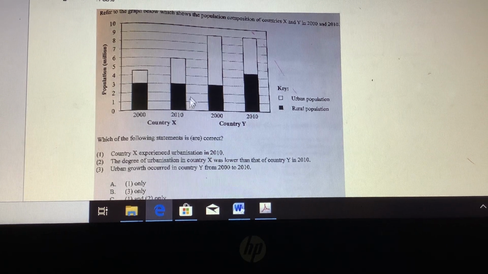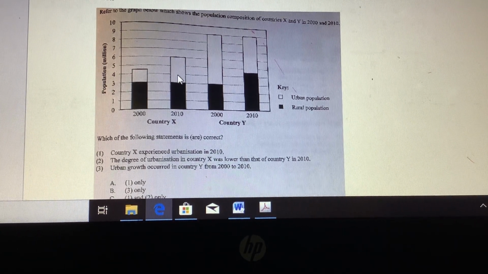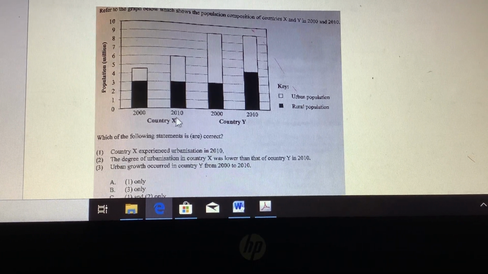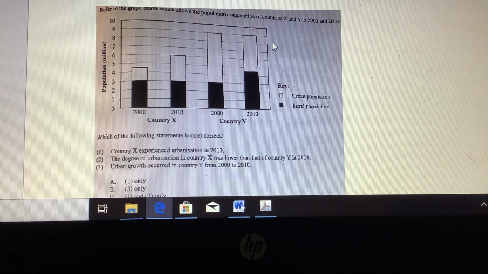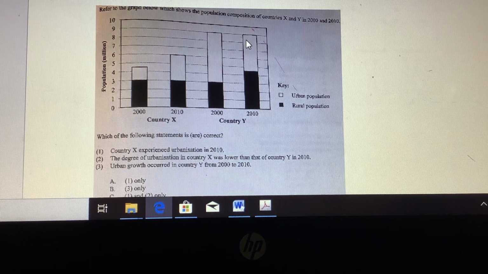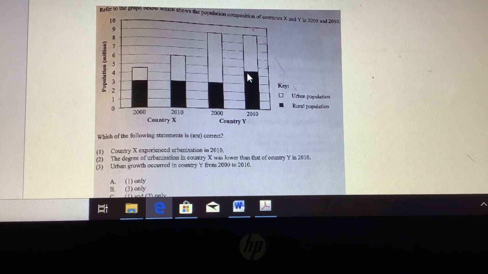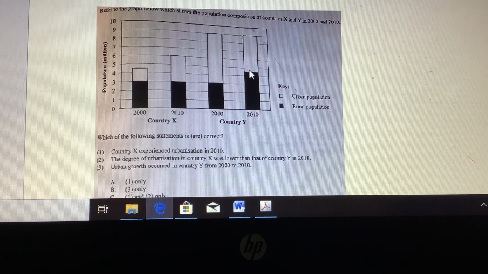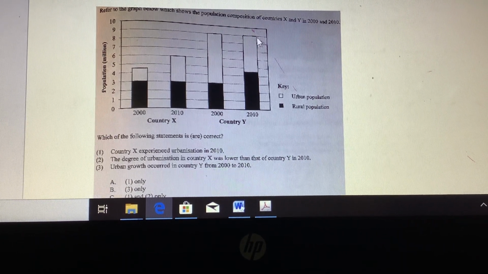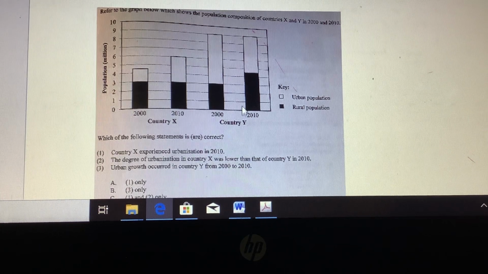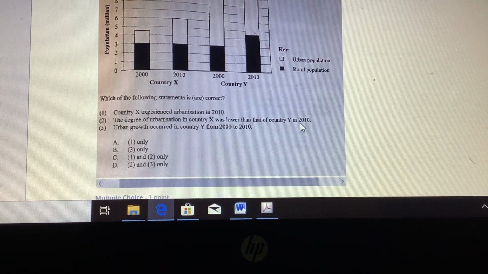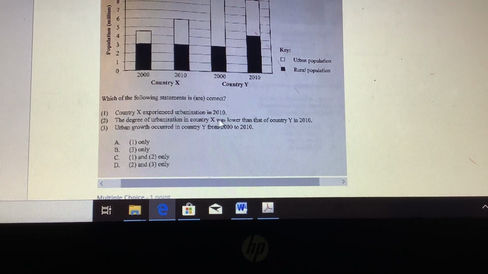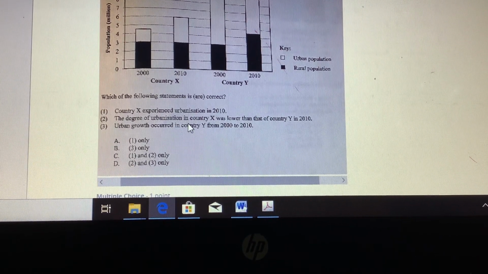In general, it's 6 million, but 3 million of them are not urban population. How about this one? 9 million of the population, and 4.5 million of them are urban population. So number 1 is right. Number 2 is wrong because they are even.